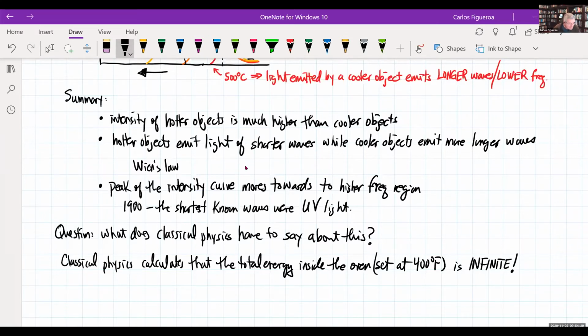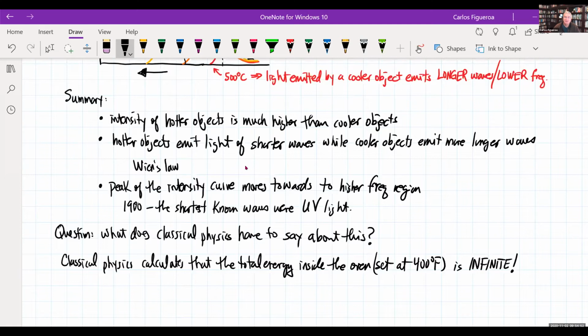Let me say this one more time. If you turn on your oven to 400 degrees Fahrenheit, your oven will produce an infinite amount of radiation. Could you imagine your PG&E bill?